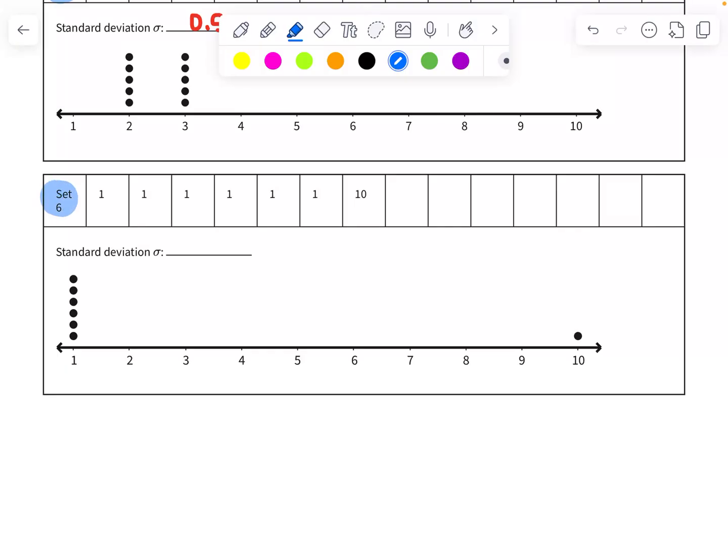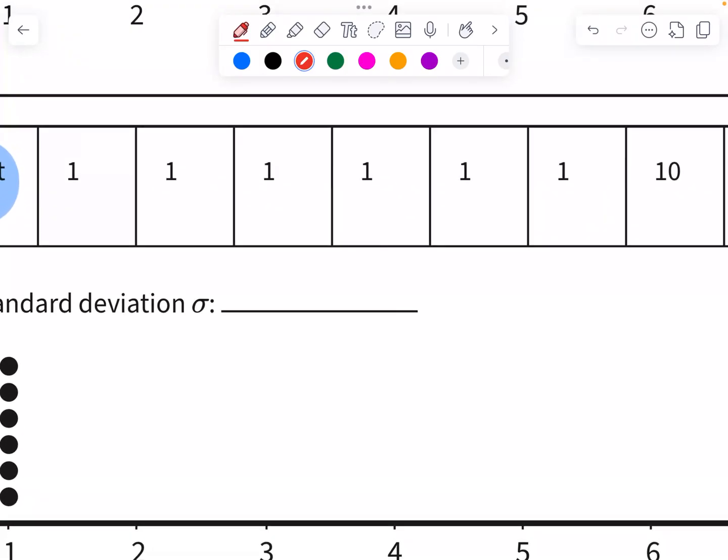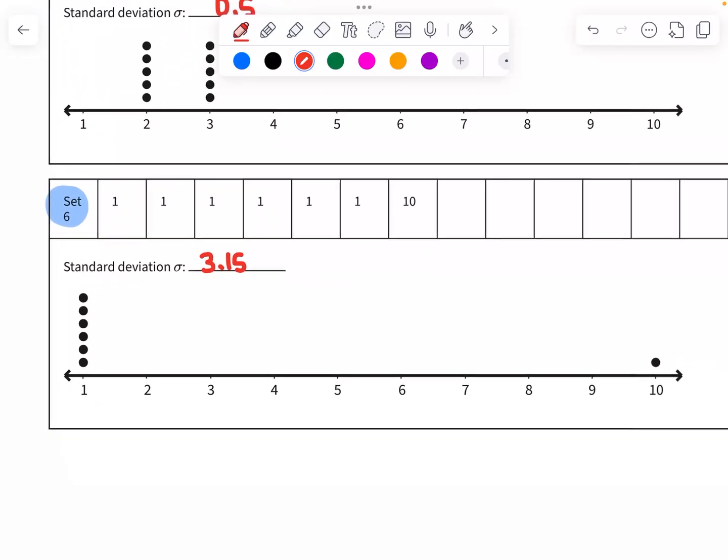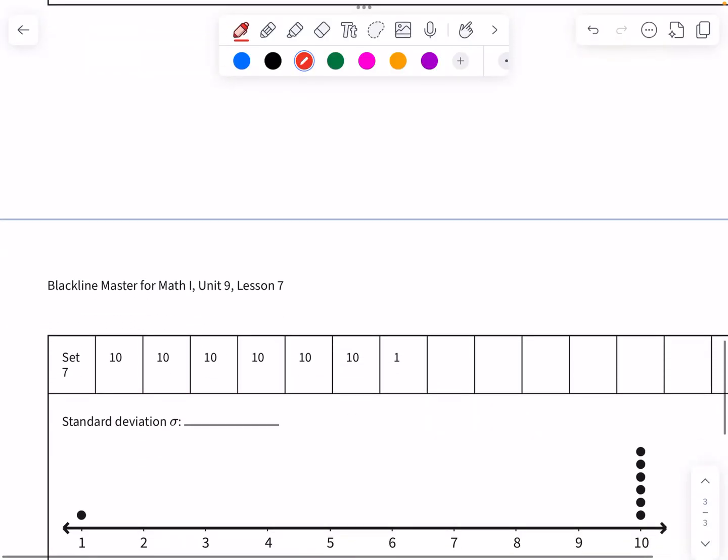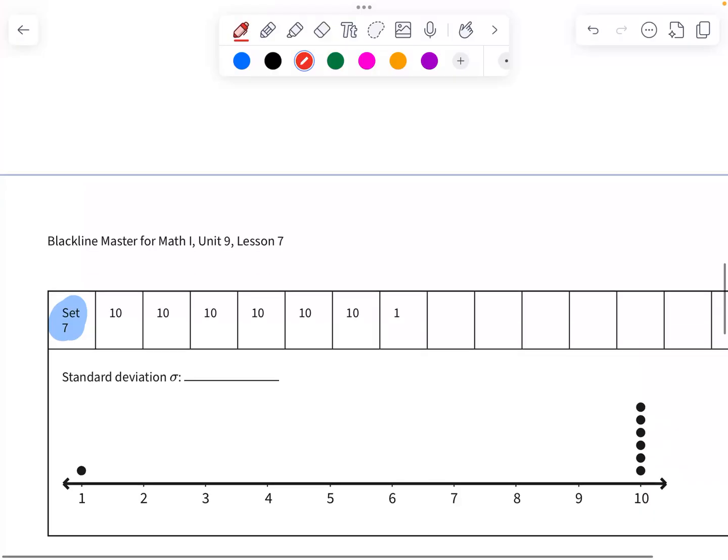And then for set 7, this is our last set, I would take it to Desmos and I would get a standard deviation of also 3.15. I think I have a mistype in my book. Let me look really fast at that.